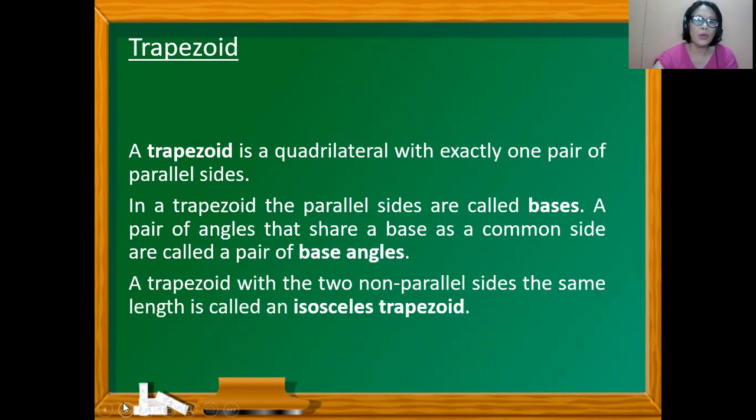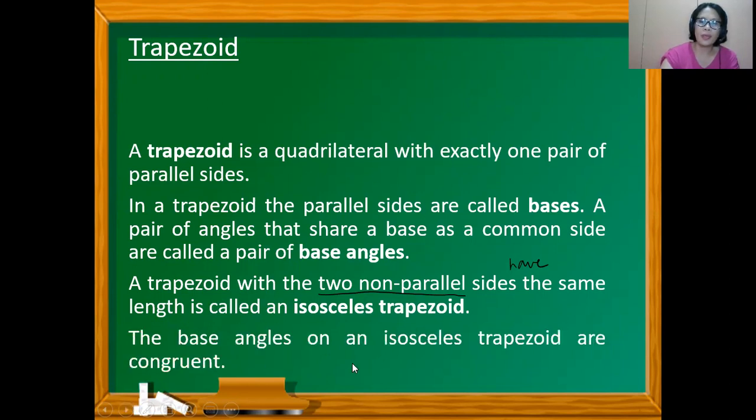A trapezoid with the two non-parallel sides, take note of this, having the same length is called an isosceles trapezoid.